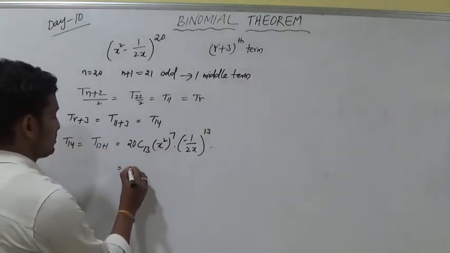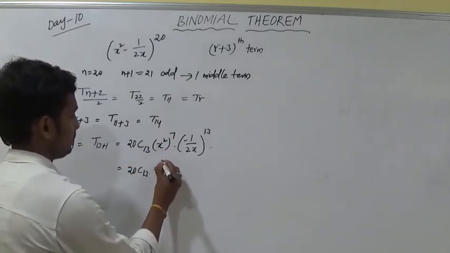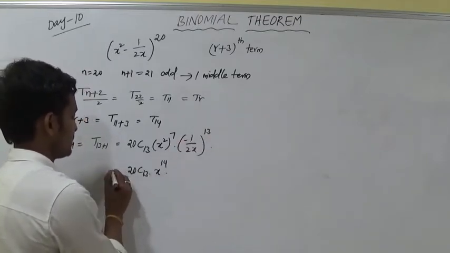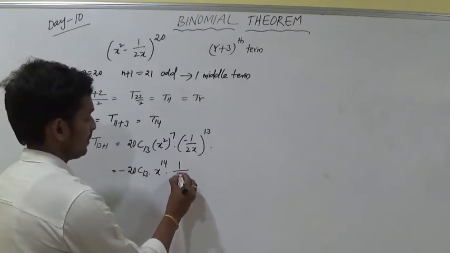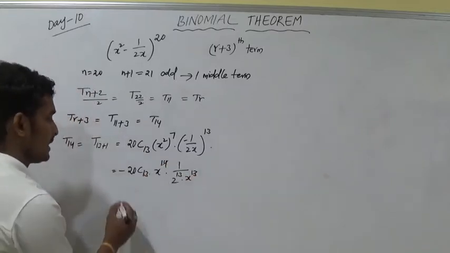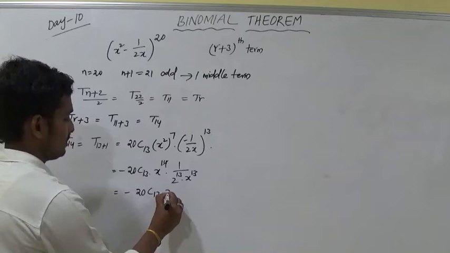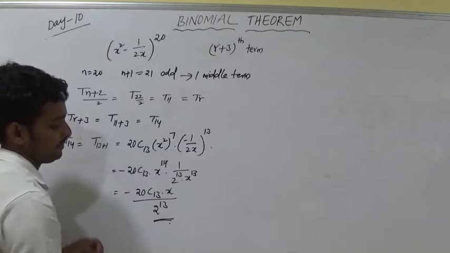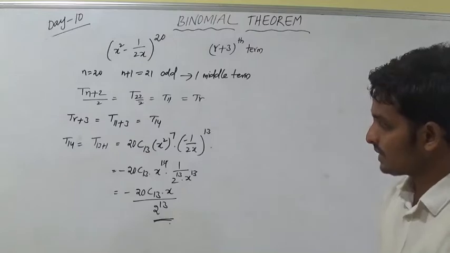This is 20c13, x to the power of 14, minus 1 to the power of 13, into 1 by 2 power 13 into x power 13. X power 13 cancels with x power 14, leaving x. So minus 20c13 into x by 2 power 13 is our answer.